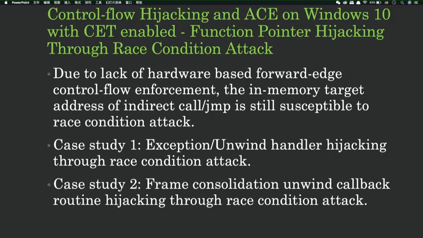There are two cases. The first case is exception handler and unwind handler hijacking through the race condition attack. The root cause of these is the same. And the second case is frame consolidation unwind callback routine hijack through race condition attack. Actually, these two also happen in the exception handler.